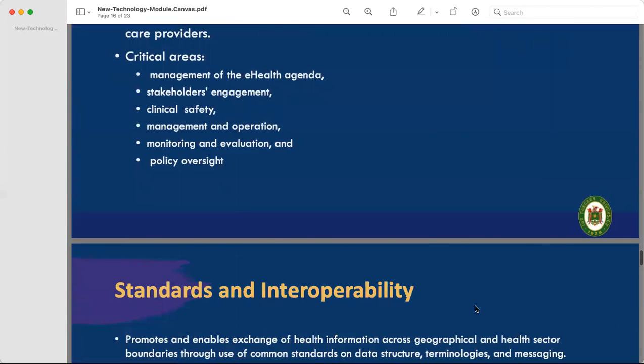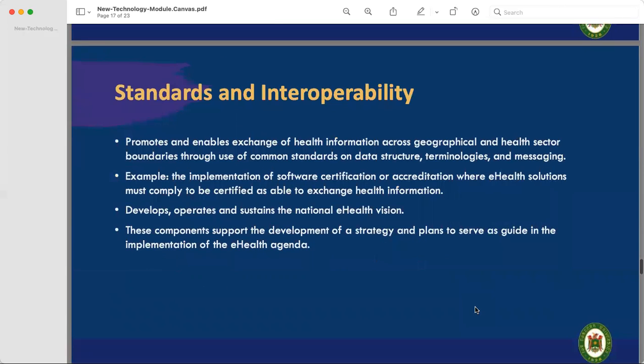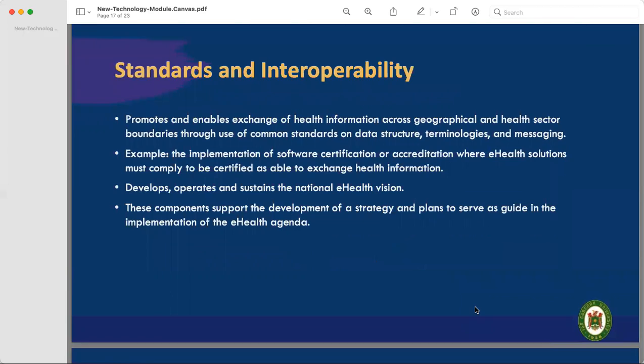Okay. On standards and interoperability, it involves promoting and enabling exchange of health information across geographical and health sector boundaries through the use of common standards on data structure, terminologies, and messaging.